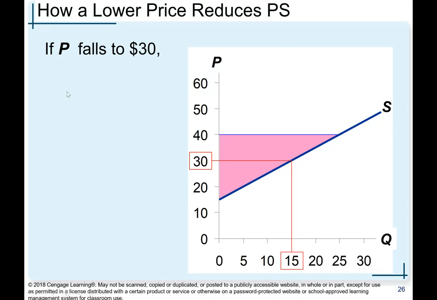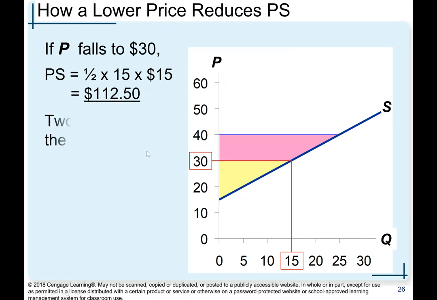If the price goes from 40 to 30, you clearly will see that producer surplus will decline. The new producer surplus is now the yellow triangle, which is 1/2 times base times height. That is 1/2 times 15 times 15, and that is $112.50. There are two reasons for the fall in producer surplus.